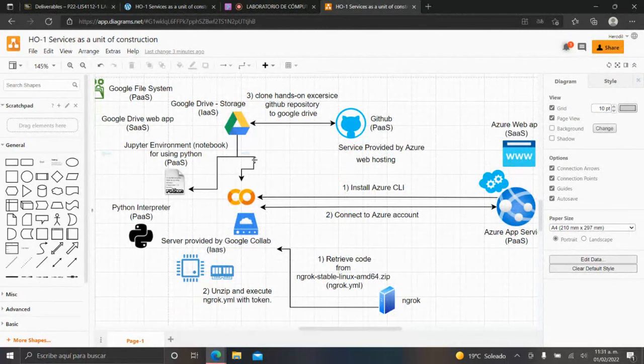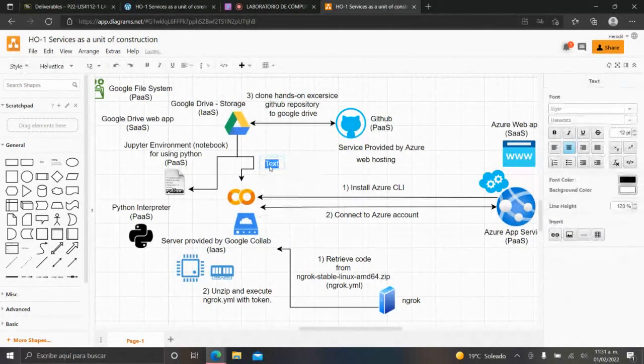Teacher, I have a quick question. Maybe I'm repeating myself, but I want to really make sure that I understood. This arrow going from Google Drive to the server, why did we do that? I don't remember quite well. Because you need to install the code that you retrieved, that is lying in Google Drive, to the server so that it can run.